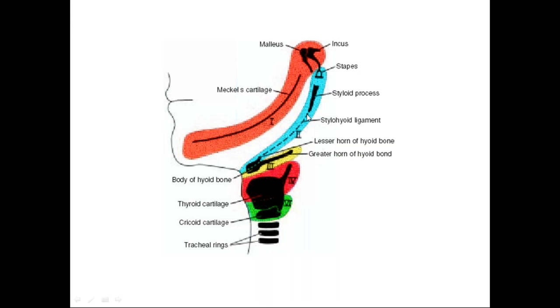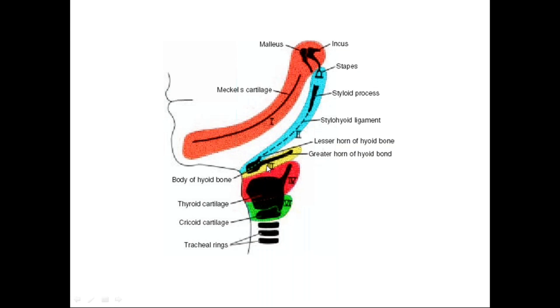I am repeating again. Second arch cartilages, remember mnemonic 5S: S is for stapes, S for styloid process. Next S is for the stylohyoid ligament. Next S is for smaller or lesser cornua of the hyoid bone. Next is superior surface of body of hyoid bone.